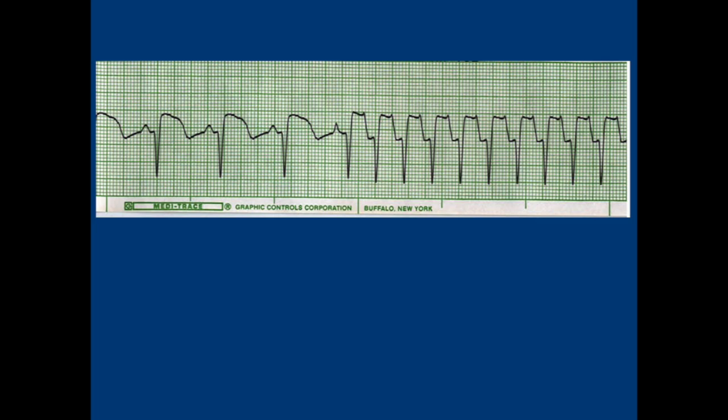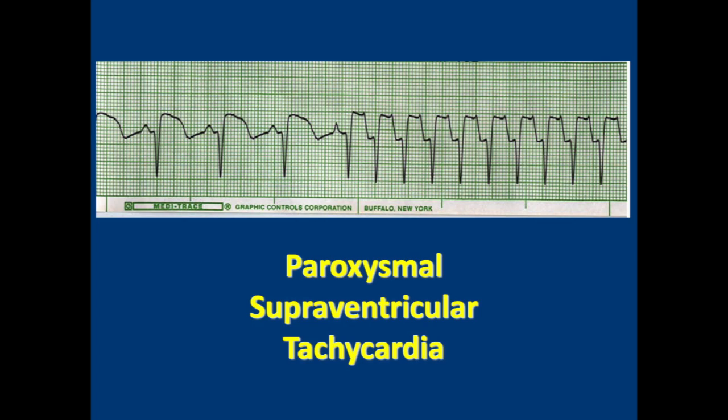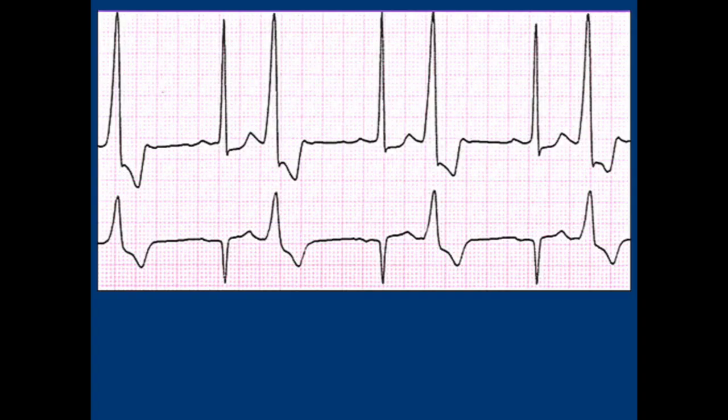On the right, look at the rate, see if you can figure out what the rate is. Notice it's going very fast and it happened suddenly. This is PSVT, paroxysmal supraventricular tachycardia. We've got a sinus rhythm and we've got a PVC that's formed.